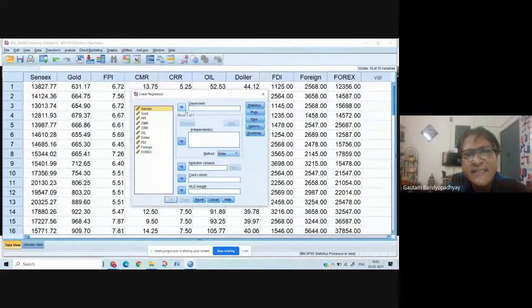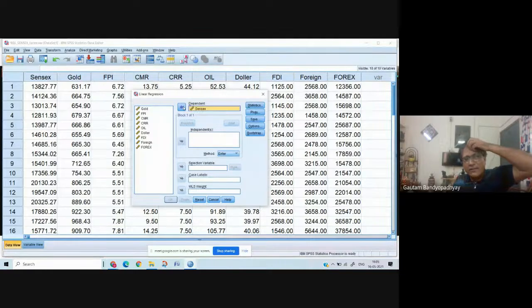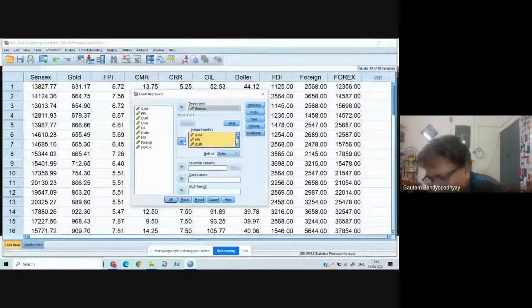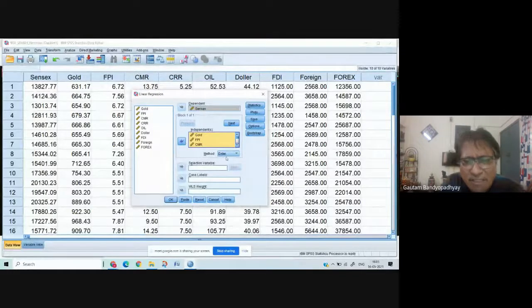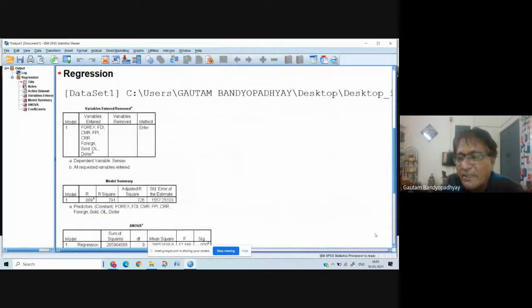First we select sensex as the dependent, as I already told you, and all other 9 macroeconomic variables are independent. So we consider gold as an independent variable. There are many methods of regression analysis, but I am not going into this part because you have already covered it. I am showing another part. When you click OK, the output will come.